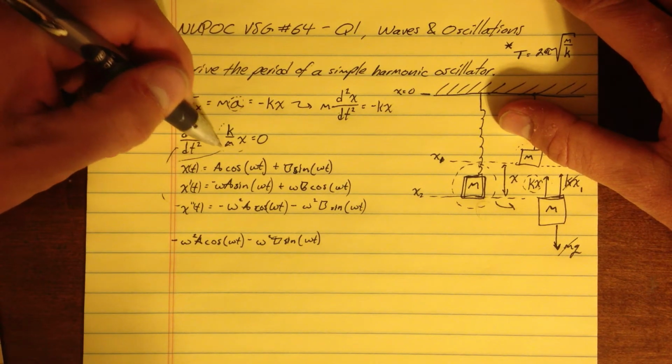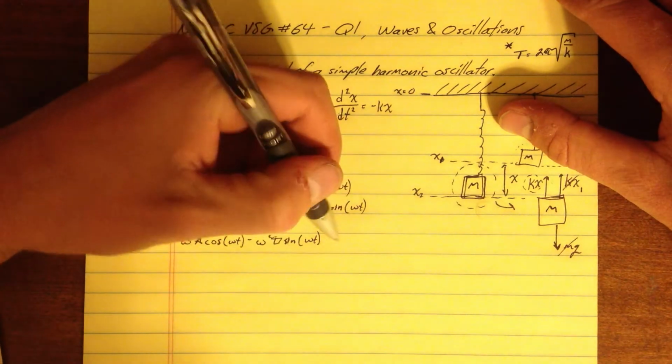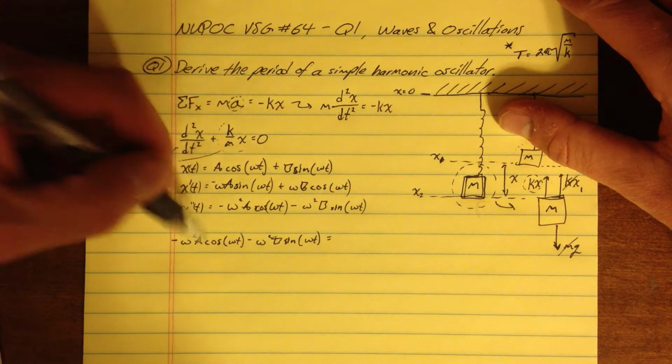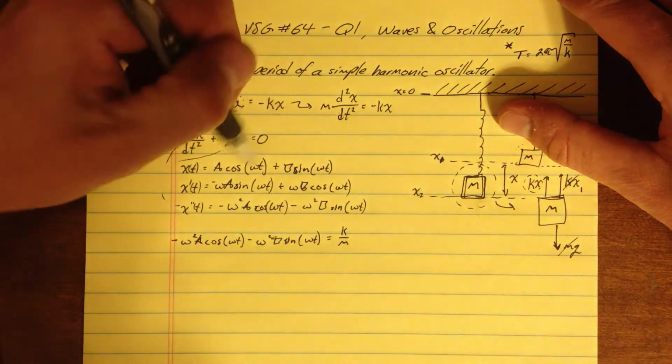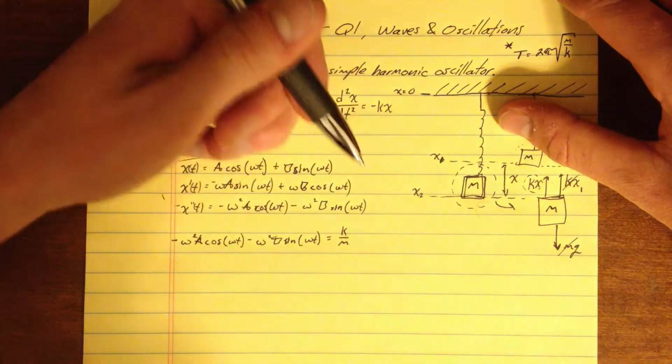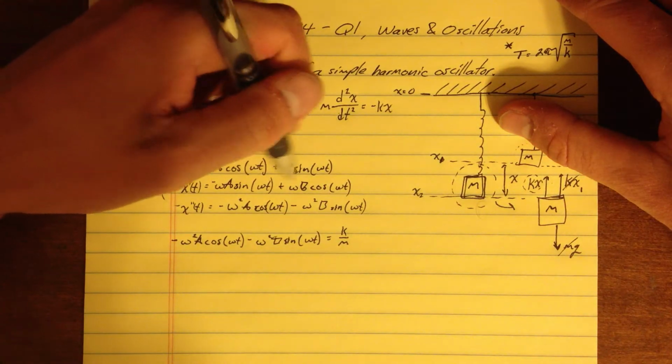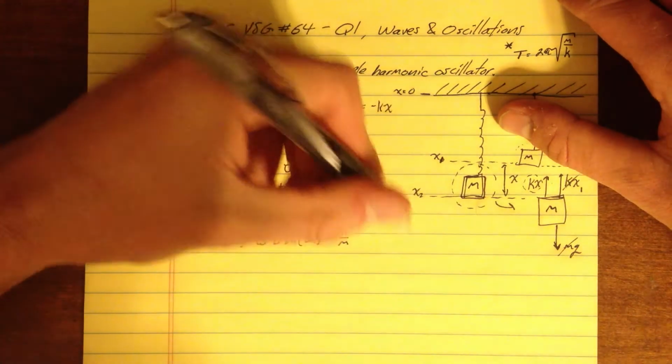But I'm just going to move that to the opposite side of the equation, right? So this is the second derivative of x, and this equals k over m times x, which is just this a cosine omega t plus b sine omega t.